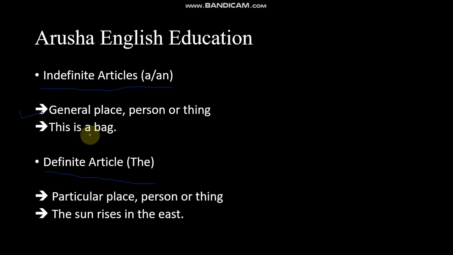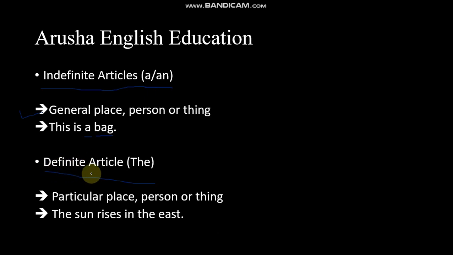For example, in this sentence, bag is a noun, but it indicates a general thing. So, we will use an indefinite article. So, we have a choice of A or An. From this, we have used A as an article in this sentence. Why we have used A and why we haven't used An, that also we will discuss later in this lecture.